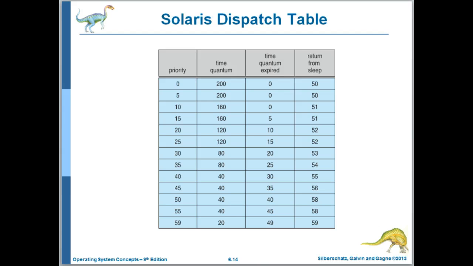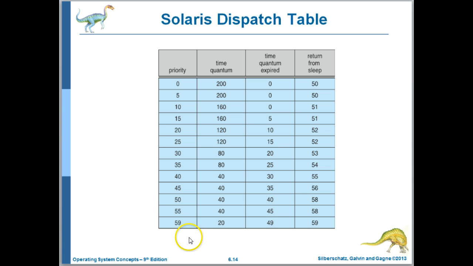So the dispatch table shows that priority 0 is the lowest priority here. Priority 59 is the highest, so presumably these are I/O-bound processes, so they have a smaller time quantum. The CPU-bound process will have a larger time quantum, but of course it's the lowest priority.